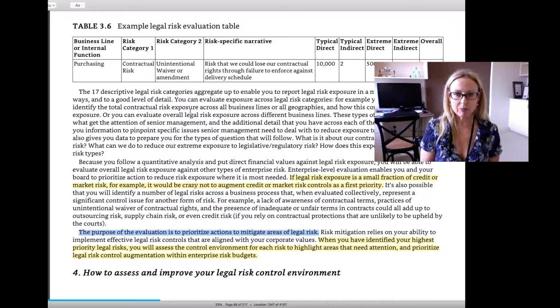Essentially what you're ending up with is a table that shows you at a glance the kinds of financial and reputational loss that's going to accrue from each risk, so that you can prioritise the treatment of those risks, and so that you can impose some form of controls around the risks to mitigate them. Okay, so that's essentially legal risk evaluation, that step.